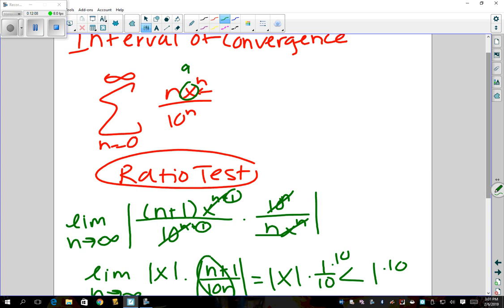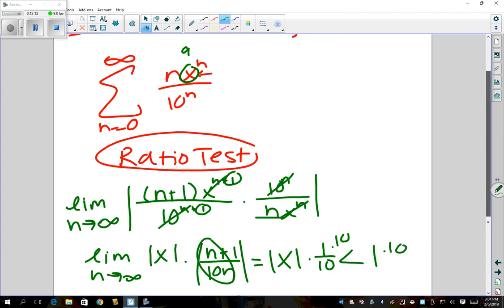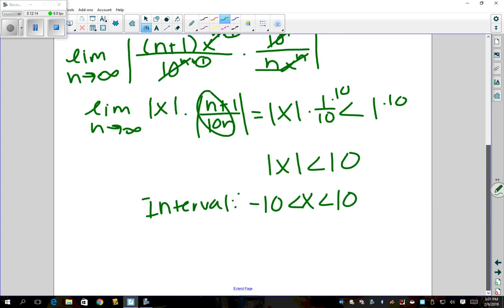And so this interval helps us determine for what values certain power series are going to converge, even when they look tricky. So our interval of convergence is from -10 to 10, and when we look at our radius of convergence, we know that x can go 10 in either direction, so our radius of convergence is equal to 10.